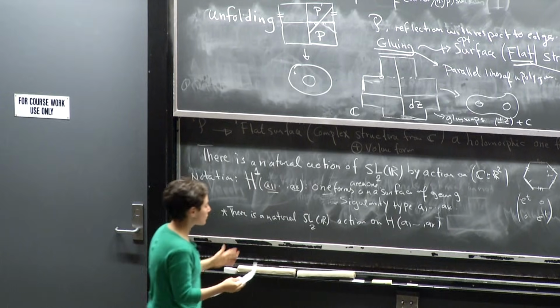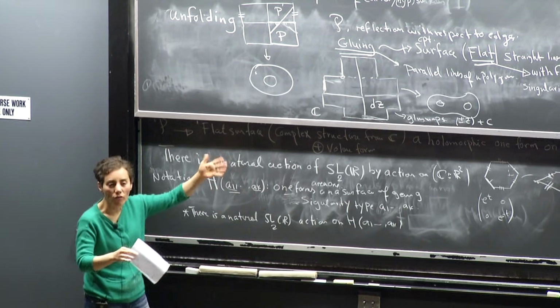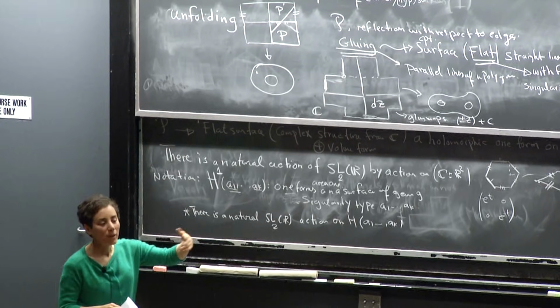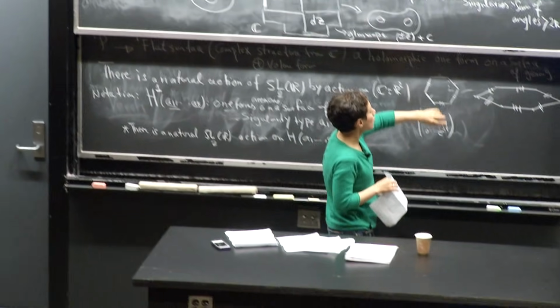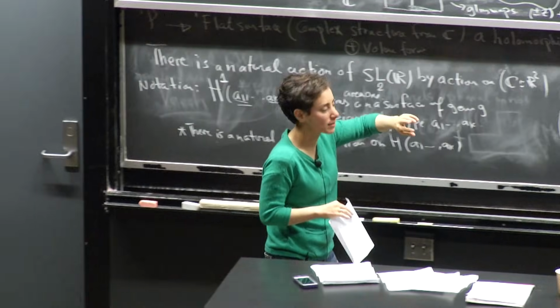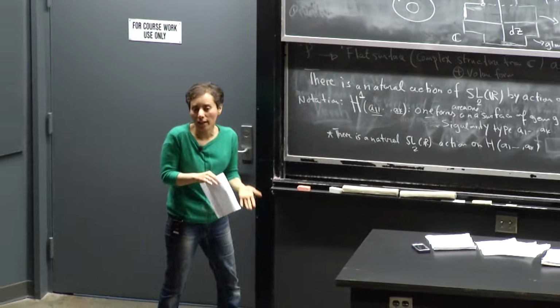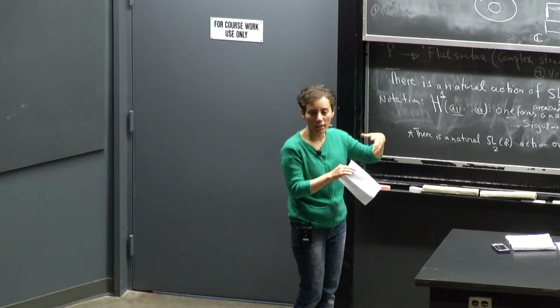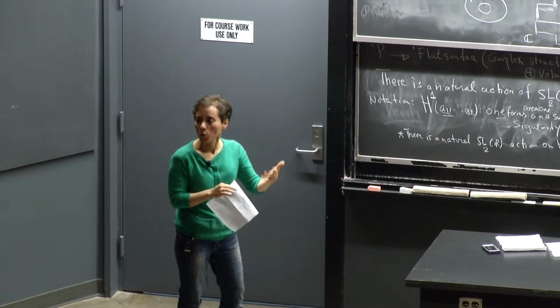The reason we have A1 to AK here is that if you have any holomorphic one form, you can act by SL2R, but the singularity type, which means the total angle at the singular points, is going to be preserved under the action of SL2R. All the natural basic topological things are preserved.